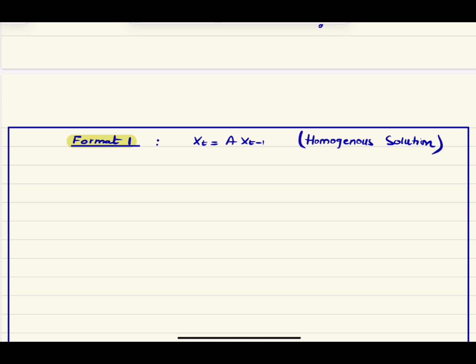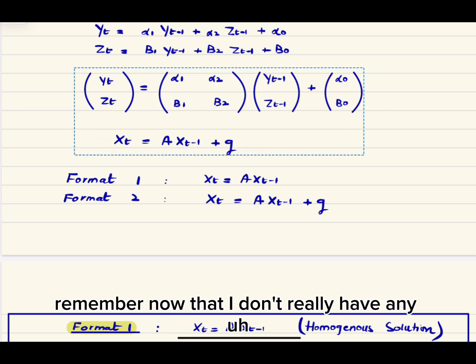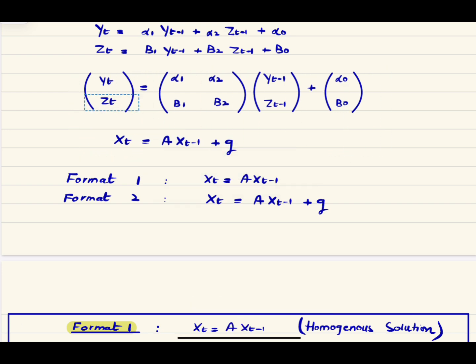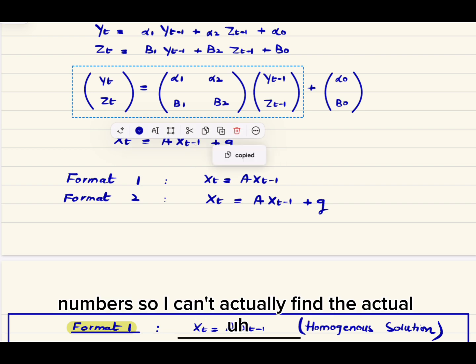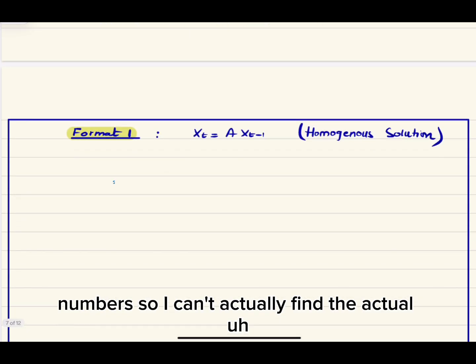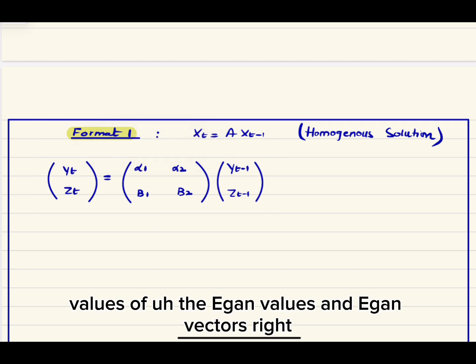Remember that I don't have any numbers, so I can't actually find the actual values of the eigenvalues and eigenvectors, right?